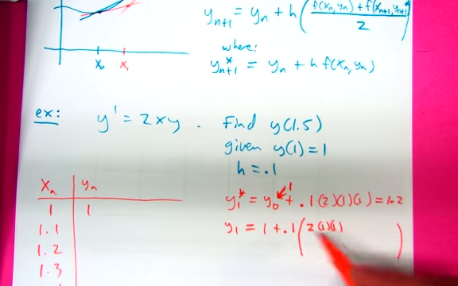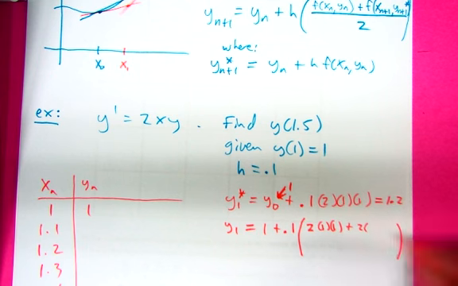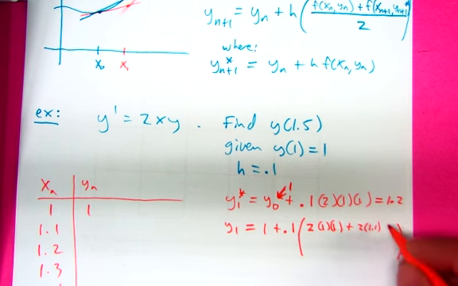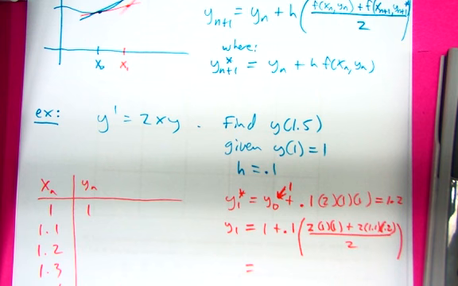So we have 2 times 1, plus 2 times the next x value, 1.1, and we're using this y1 star value, which was 1.2. Take the average of those, multiply it by the step size, add 1 to that. You get 1.232.